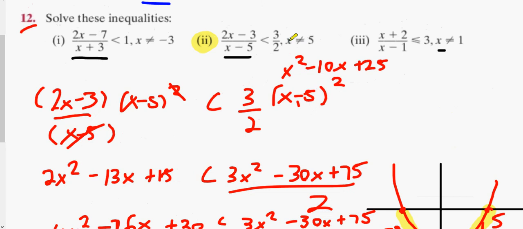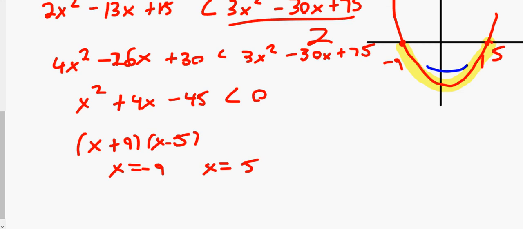We're not allowed to have x equals 5. So x equals 5 is not allowed. So the in-between: minus 9 is allowed. Sorry, it's less than anyway, so you're not allowed it anyway. Less than 5. Okay? Alright, let's move on to 15.